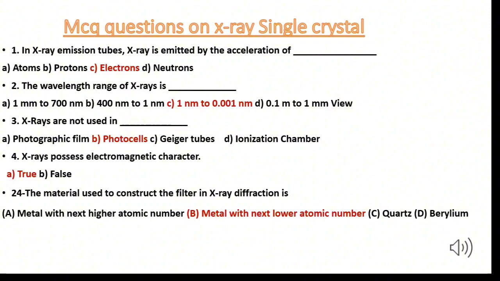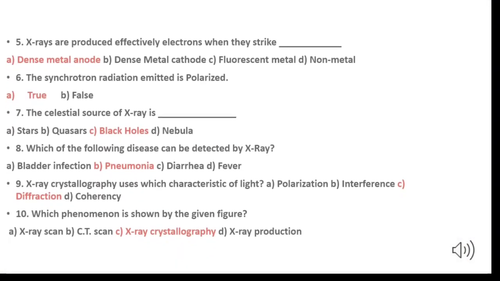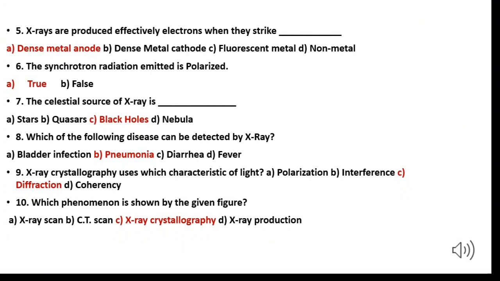X-ray electromagnetic character is true. Number 5. X-rays are produced effectively by electrons when they hit a dense metal anode. Number 6. The synchrotron radiation emitted is polarized. The answer is true. Number 7. The celestial source of X-rays is, answer, black holes.